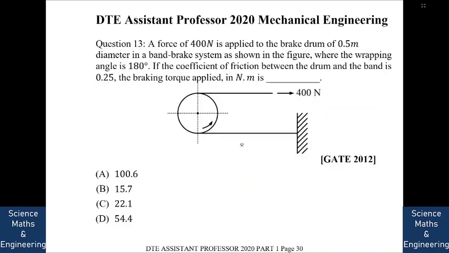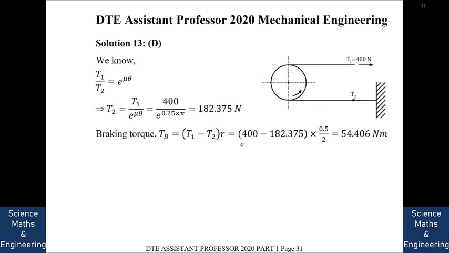Next, a force of 400 Newton is applied to the brake drum of 0.5 meter diameter in a band brake system as shown in the figure, where the wrapping angle is 180 degree. If the coefficient of friction between the drum and the band is 0.25, the braking torque applied in Newton meter is? The answer is, see, we know T1 by T2 is equal to e to the power mu theta.